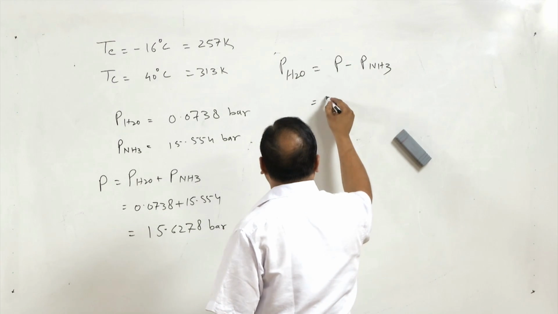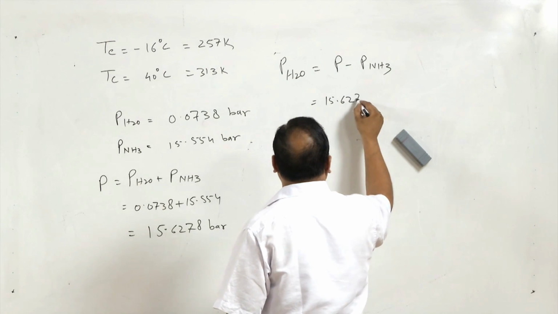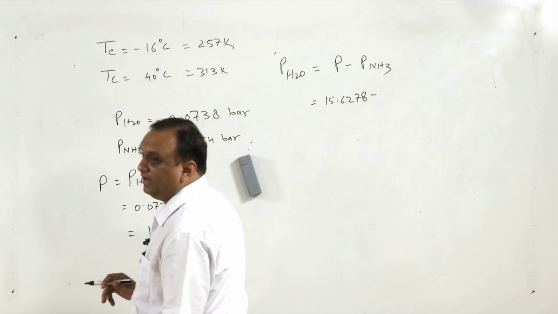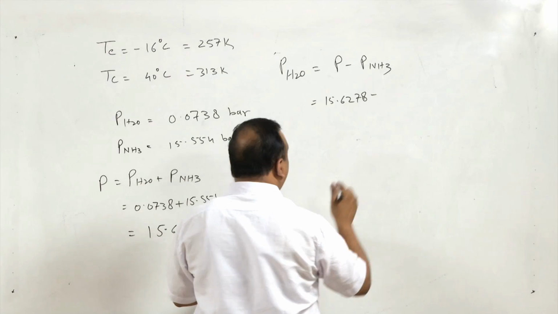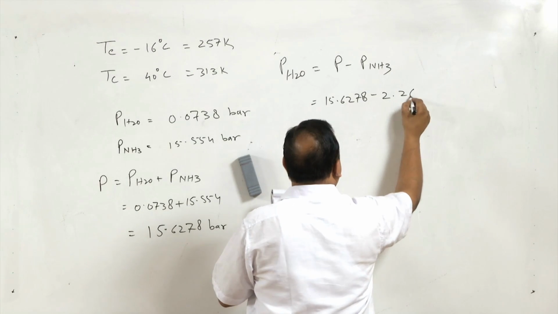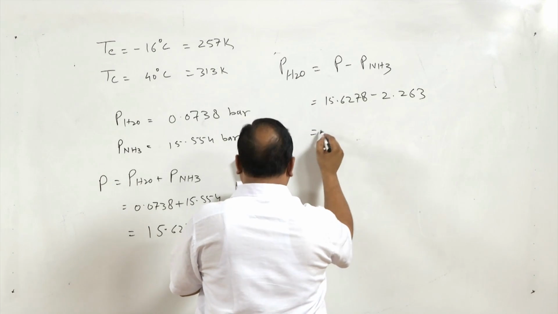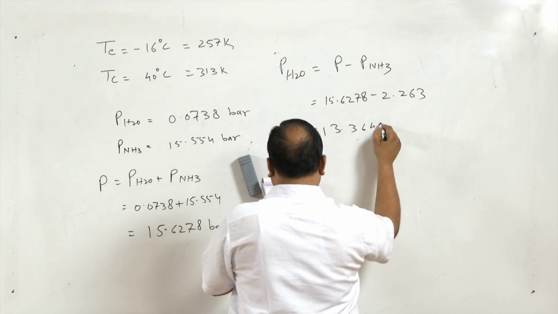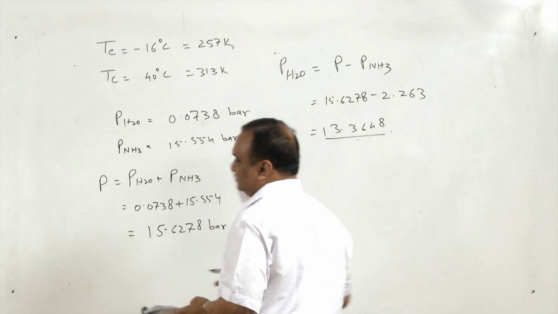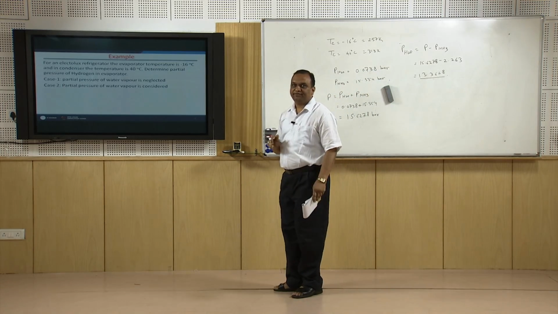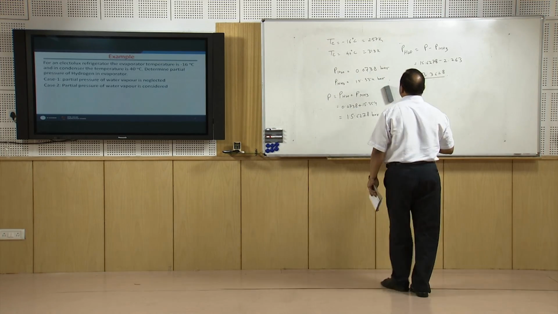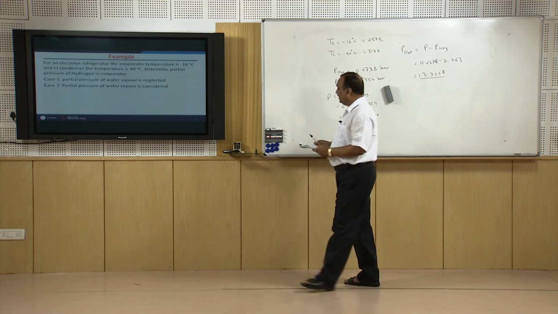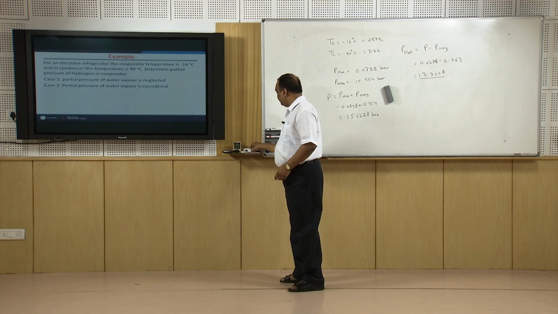So the total pressure is 15.6278 minus the partial pressure of ammonia at minus 16 degrees centigrade, that is 2.263, and that will give the partial pressure of hydrogen as 13.3648. So with the presence of traces of water in the system, the partial pressure of hydrogen in the evaporator has slightly increased.